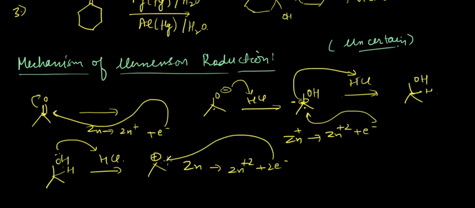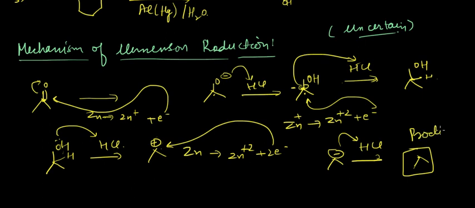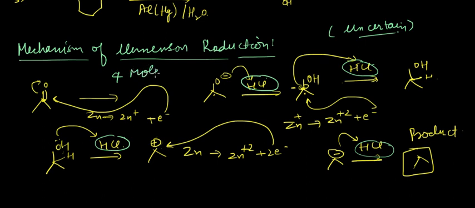These 2 electrons attack this carbocation to form a negative charge here, and this negative charge reacts with HCl to extract H plus from Cl minus, and as a result this compound is finally formed. So how many moles of HCl were consumed? 1, 2, 3 and 4. So 4 moles of HCl consumed.